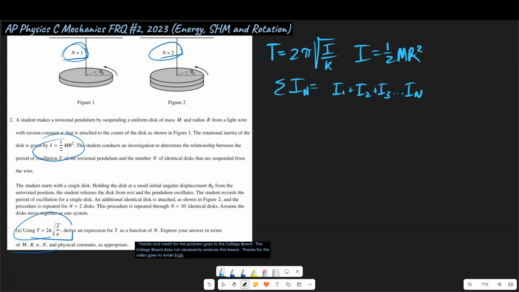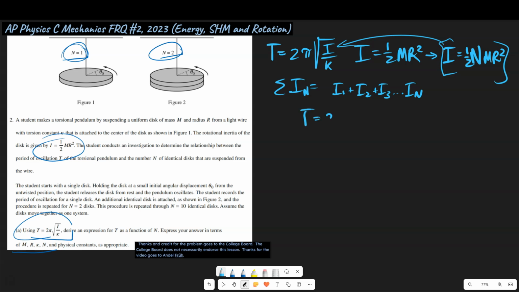How would we modify this rotational inertia equation? Therefore, this is just 1/2 nmr squared, where n is the number of discs that we're going to add to this shape to get the total moment of inertia. Then we just take that, and we're going to sub that in over here and see what we get.